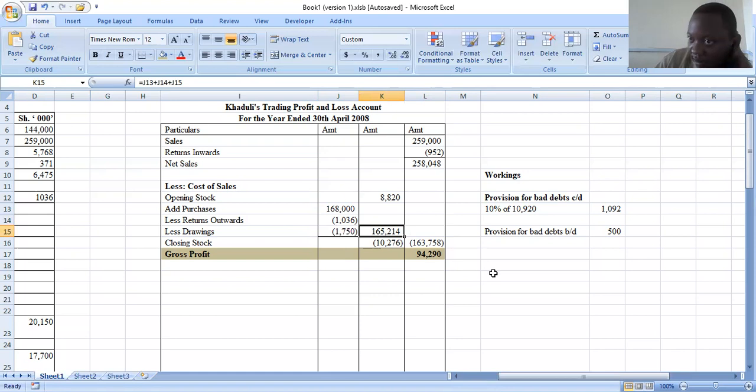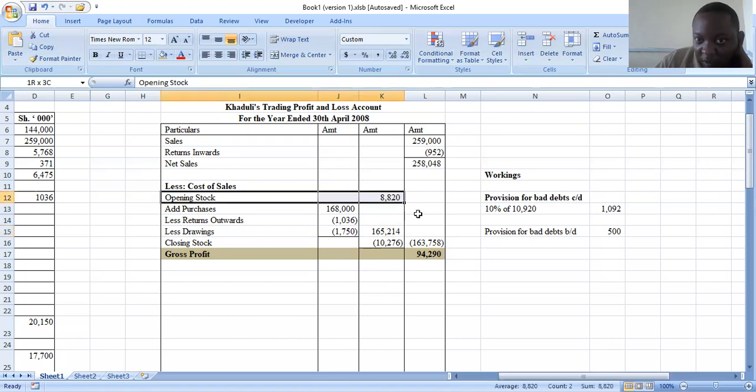And then opening stock. Why are we not adding opening stock, which is 8820, to purchases? We have added.